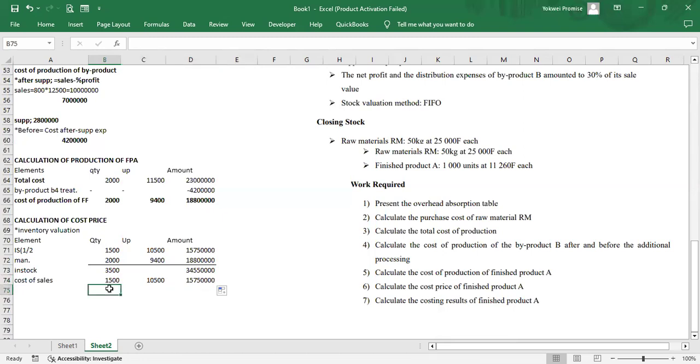And then if it is 2,500, meaning 1,000 is remaining, we say now the 1,000 units at this price.